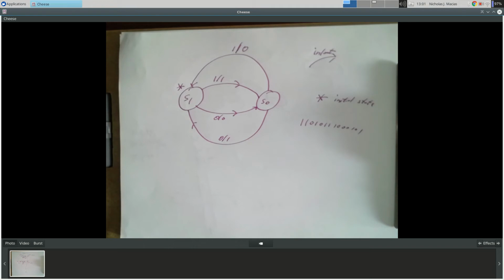This is our input. So the first input would be this.